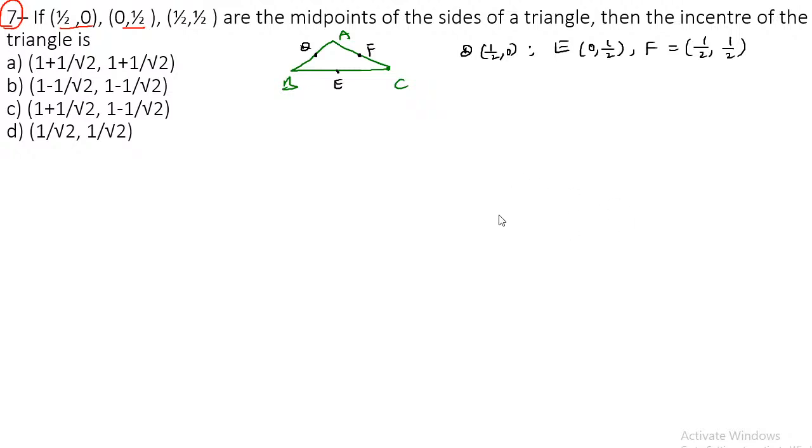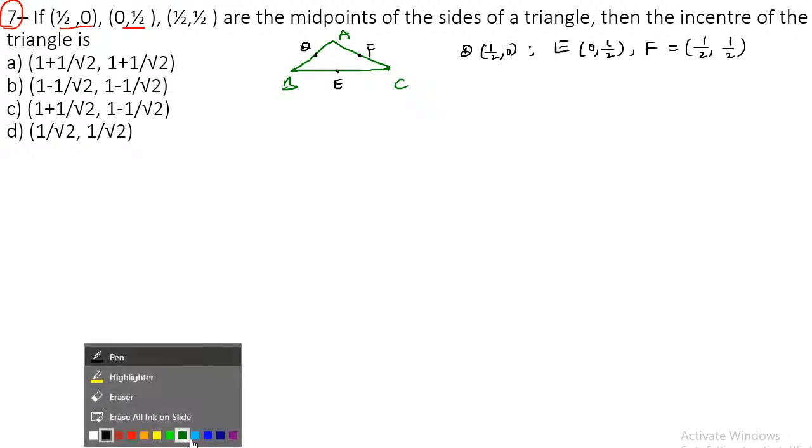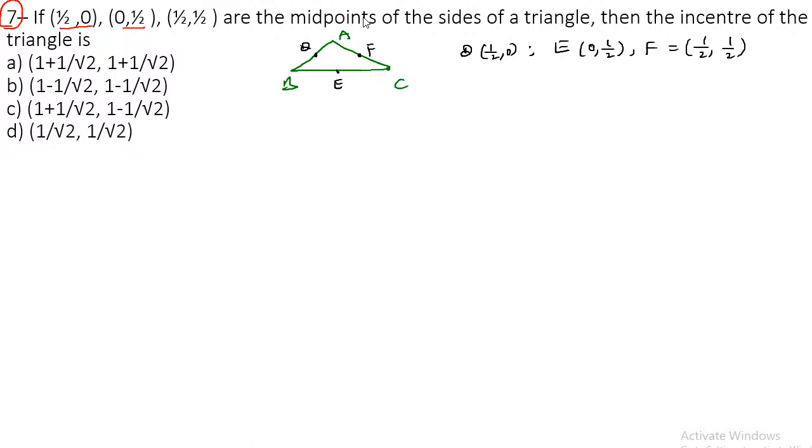Okay, I will tell you how. So what we need to do first is to find the vertices of the triangle. Let us take the vertices as A (x1, y1), B (x2, y2), C (x3, y3).